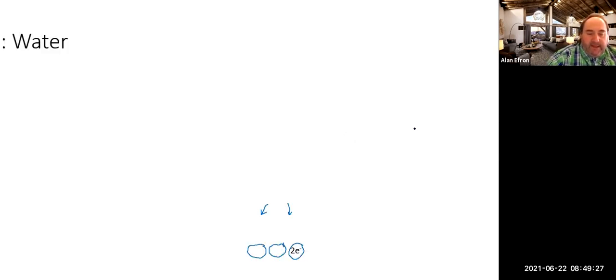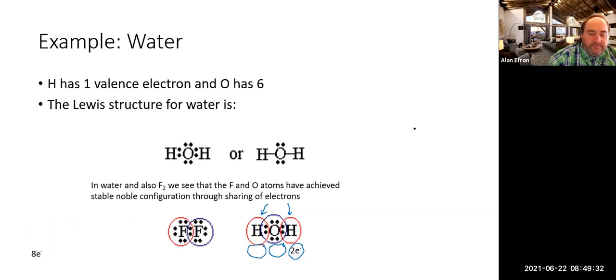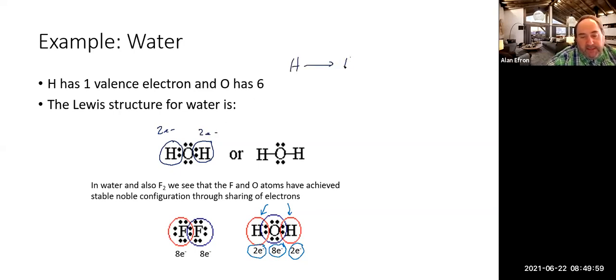If we look at something like water, for example, water is H2O, obviously, and if we draw it, we see that the hydrogen on each side, by sharing electrons with the oxygen, are both able to achieve those 2 electrons, which, as we talked about, allows hydrogen to get to helium and be happy.